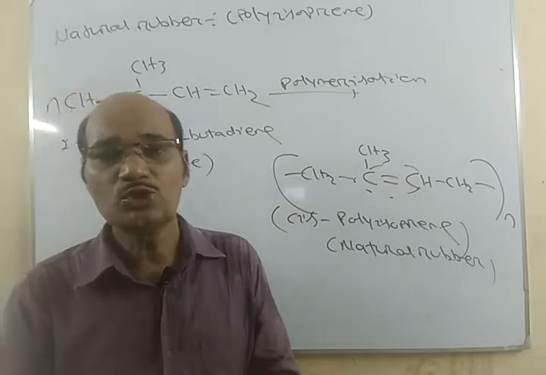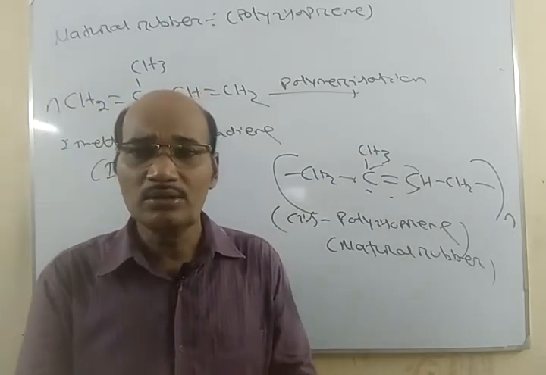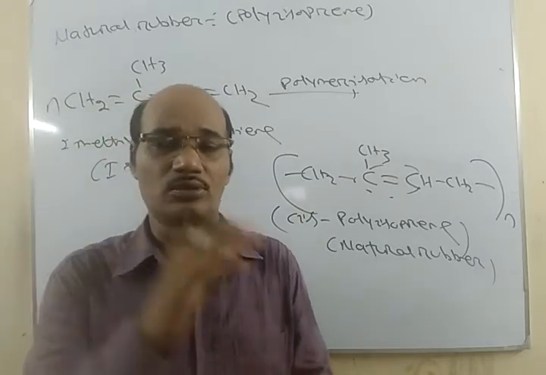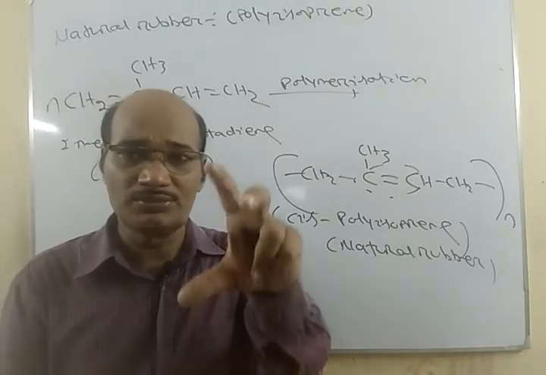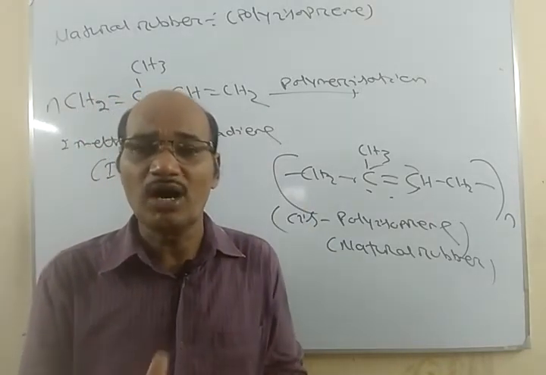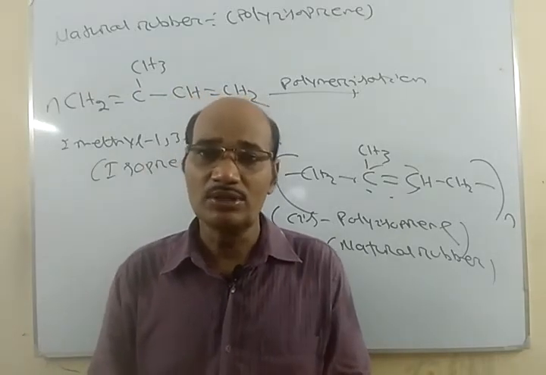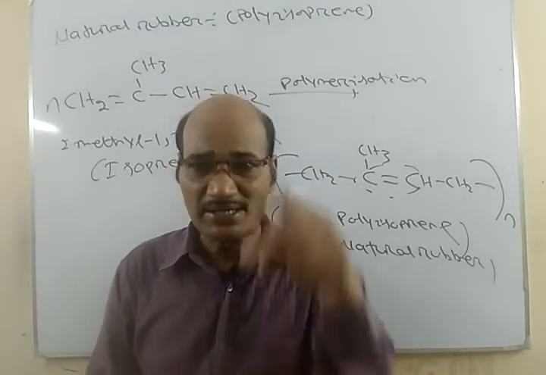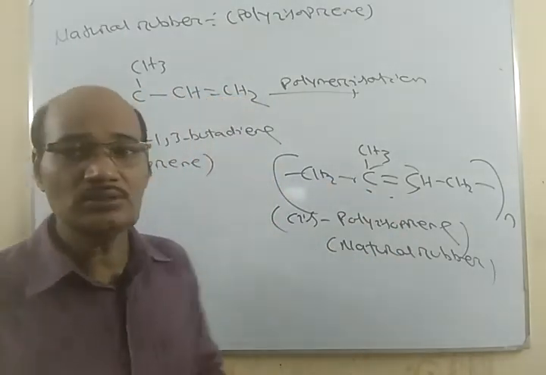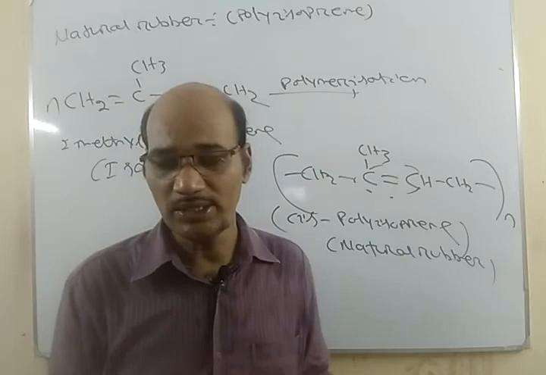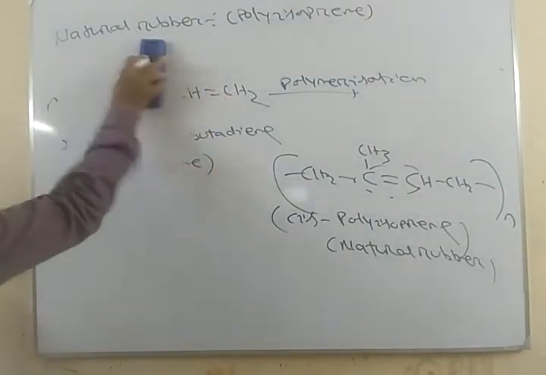Okay, so vulcanization is the process of heating the rubber in presence of sulfur, so that the rubber molecules will form a cross-linked polymer with the sulfur, and then the softness will somewhat decrease, so that we can use this polyisoprene for different purposes. Okay, so that is vulcanization of rubber.